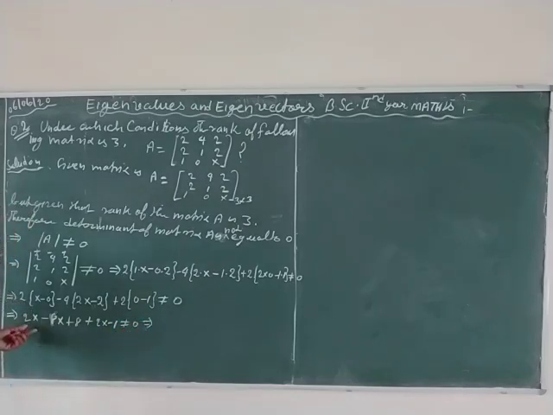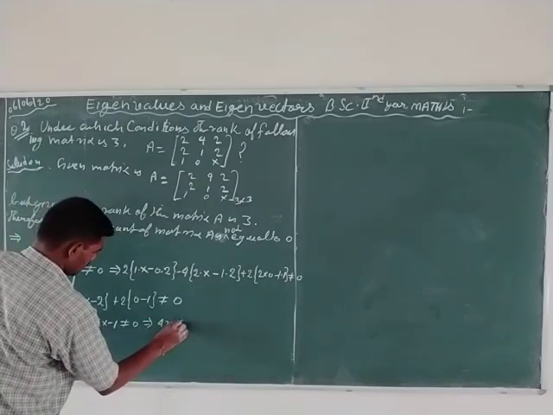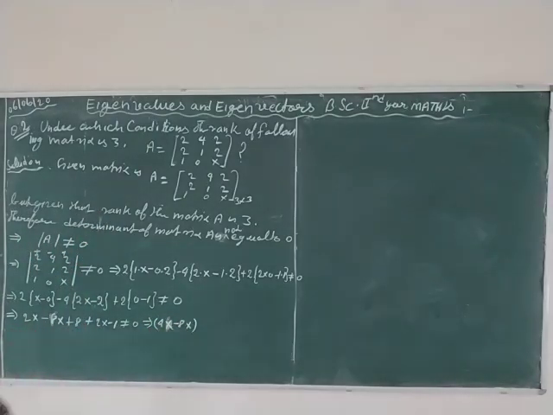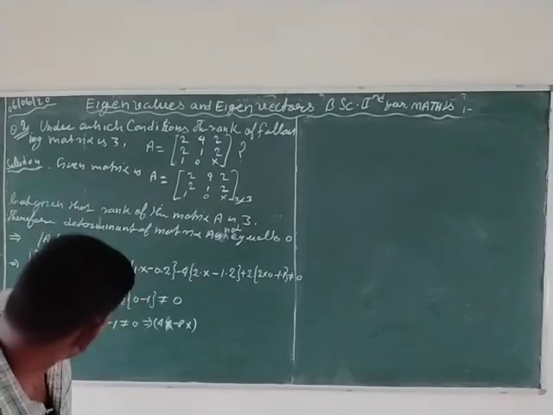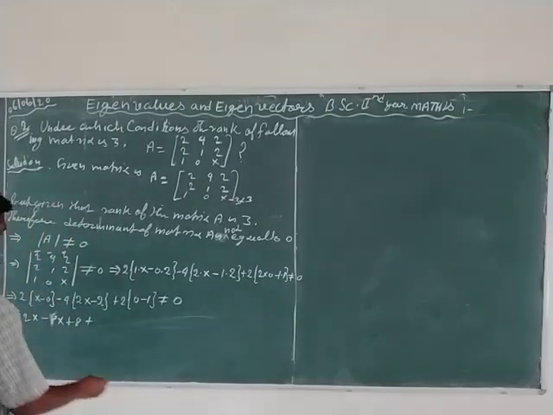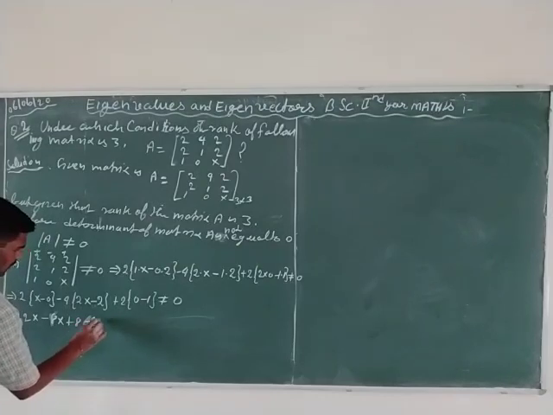So 2x minus 8x plus 8 minus 2 is not equal to 0.